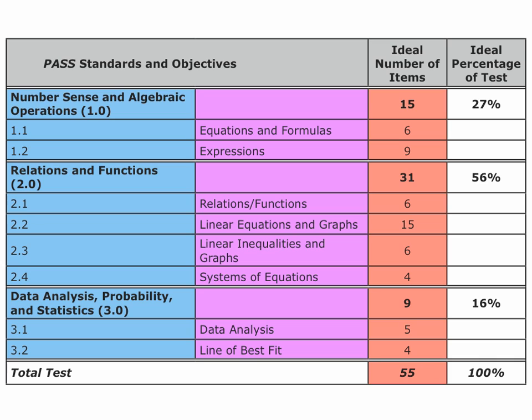So there's going to be 15 questions over number sense and algebraic operations. Below the bold 15, it breaks it down a little bit further. In those 15 questions, 6 of them are going to be over equations and formulas, and 9 of them are going to be over expressions. And you can do that with each standard and that standard's objectives.